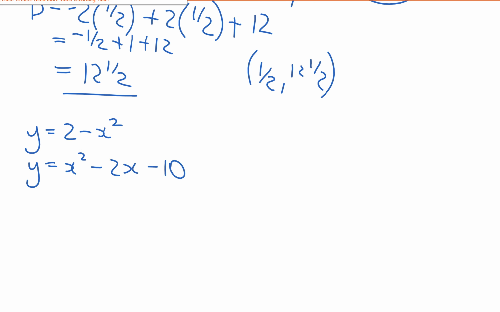How do we solve those simultaneously? Equal each other. Equal the same thing. Bring them over because it's a quadratic.